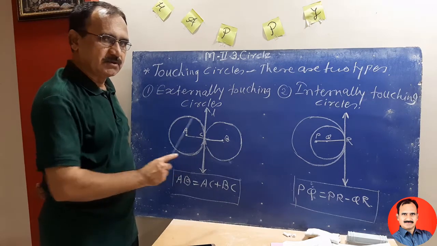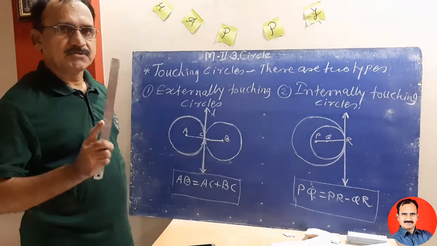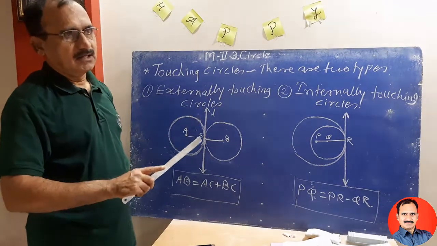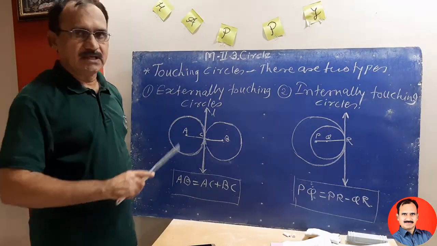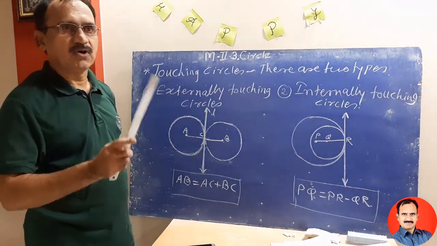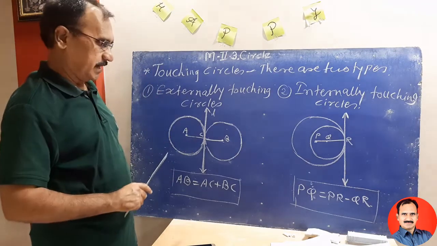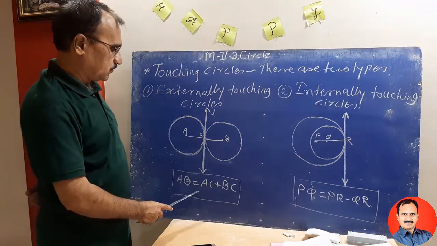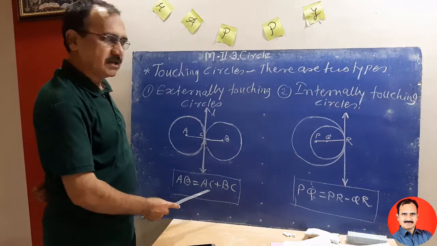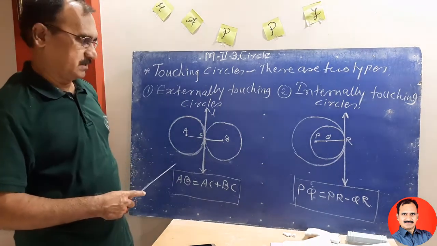If circles are externally touching, the distance between their centers is the sum of the corresponding radii. So AB is equal to AC plus BC, where AC and BC are the radii of these circles.